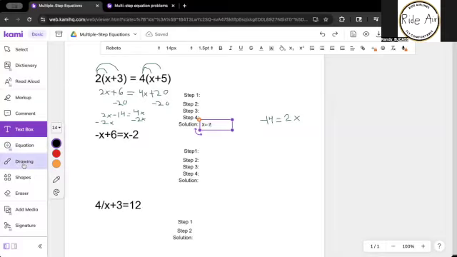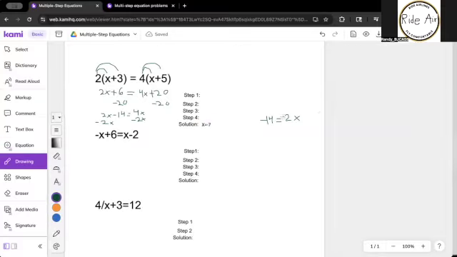Whenever you divide by a negative number, just so you know, we are not going to divide by a negative here.